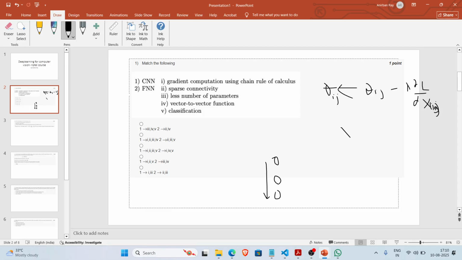Just to illustrate, suppose you have this neural network, and this is the input layer, and you're giving the input. This is the subsequent layer, the second layer, the hidden layer, and this is the final output to be used for classification tasks, let's say. And now these are the connections.